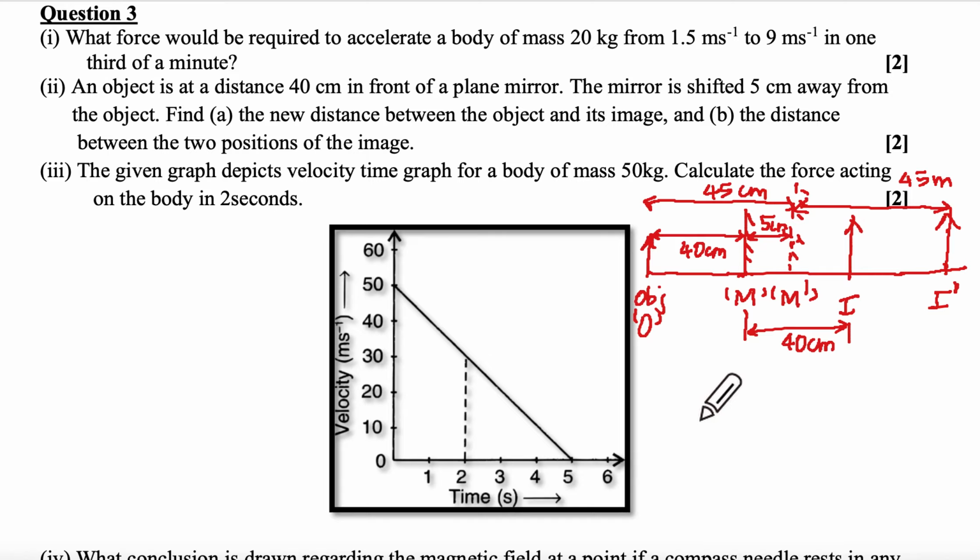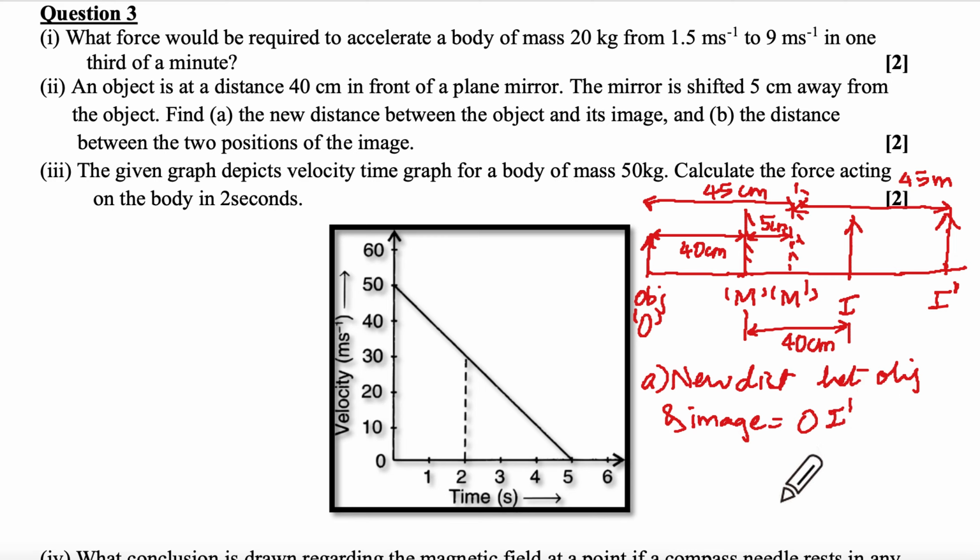Now they are saying the new distance between object and image is going to be between O and I dash, correct?